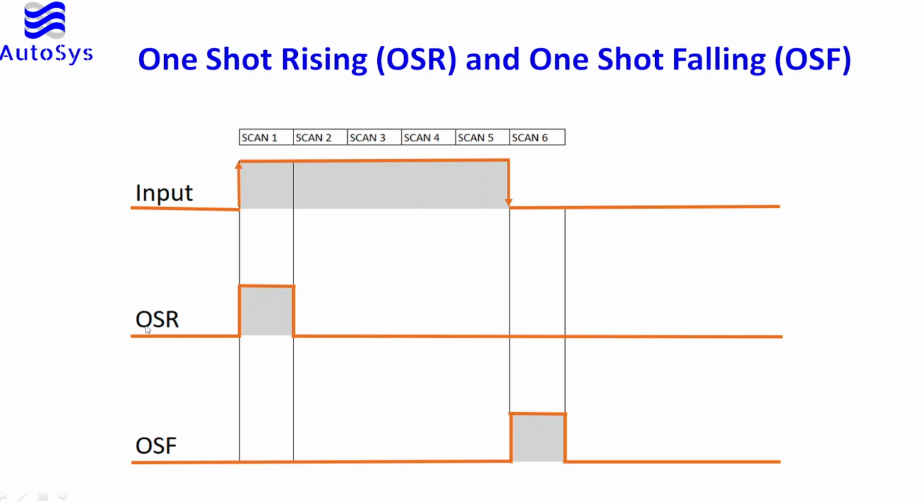So basically the OSR instruction detects the positive edge of the input and the OSF instruction detects the negative edge of the input. These instructions are used to detect a change in the event, or a change in the input from high to low and low to high.